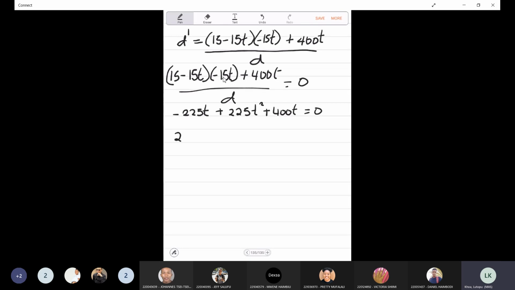So we have 225t squared, and then 400 minus 225, 175.